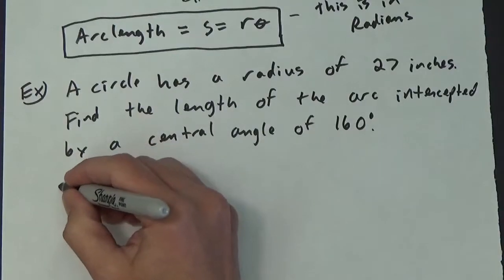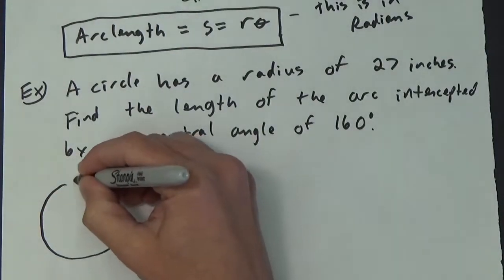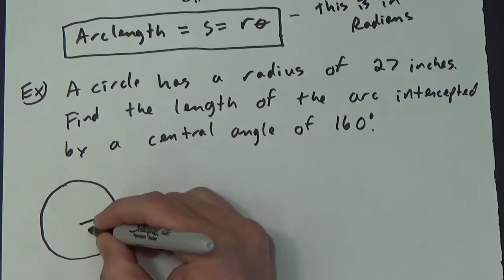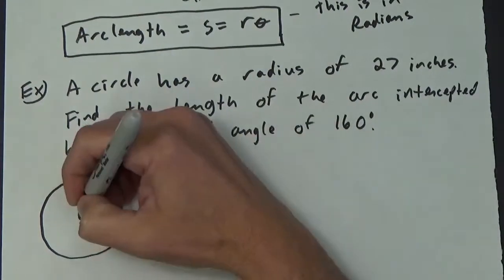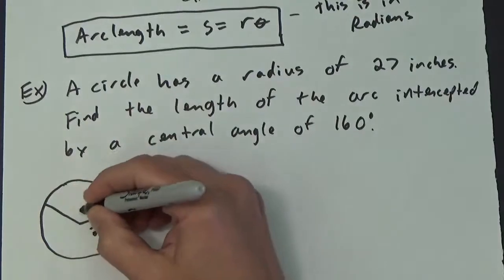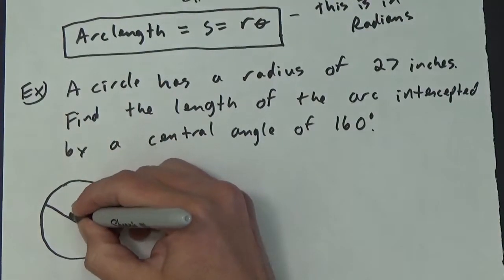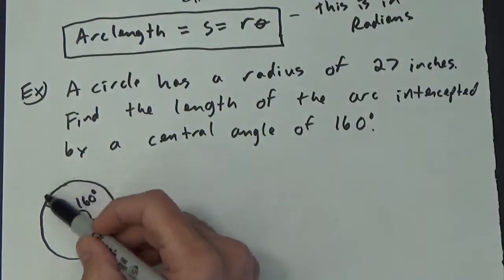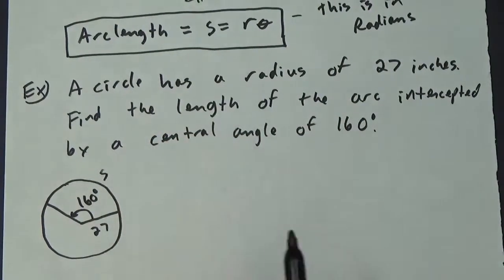Here's our circle. It has a radius of 27 inches, and we have an angle of 160 degrees. And so we want to know, what is the distance from here to there? S.